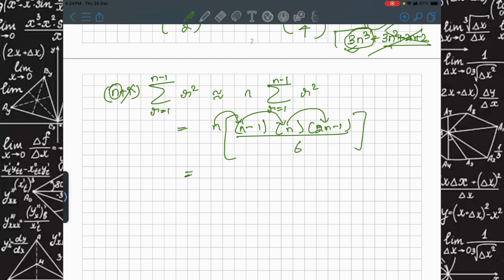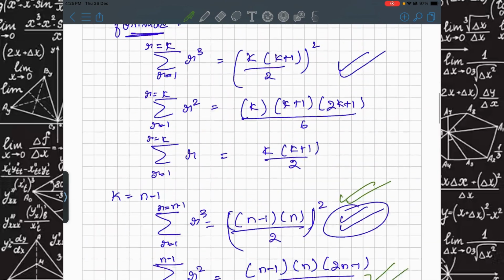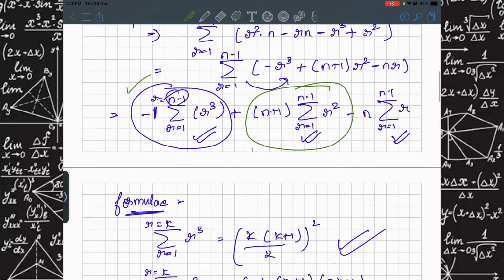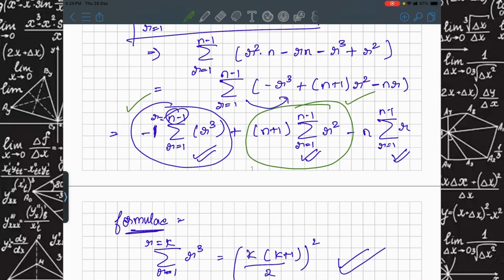Getting it? So this is the dominant term calculation. Leave the other things. So 2n power 4 divided by 6 is the approximate value which we got. Then cancel out these things. So the dominant term is n power 4 divided by 3. Okay, so we solved this as well.